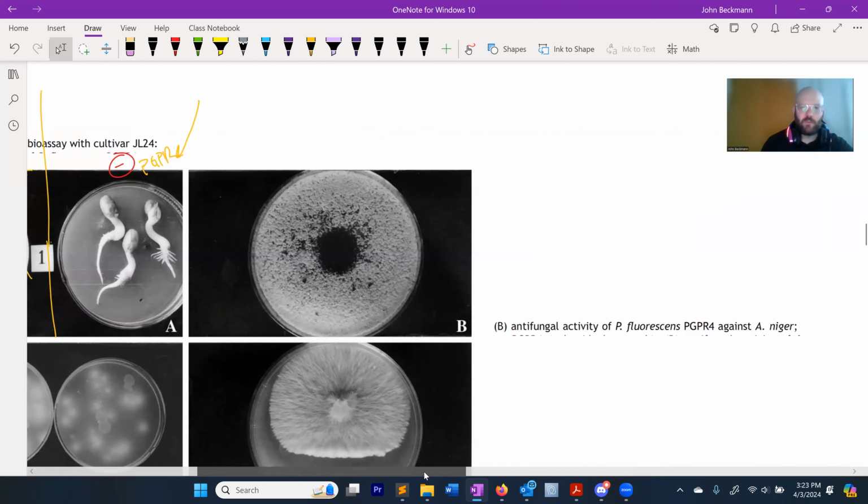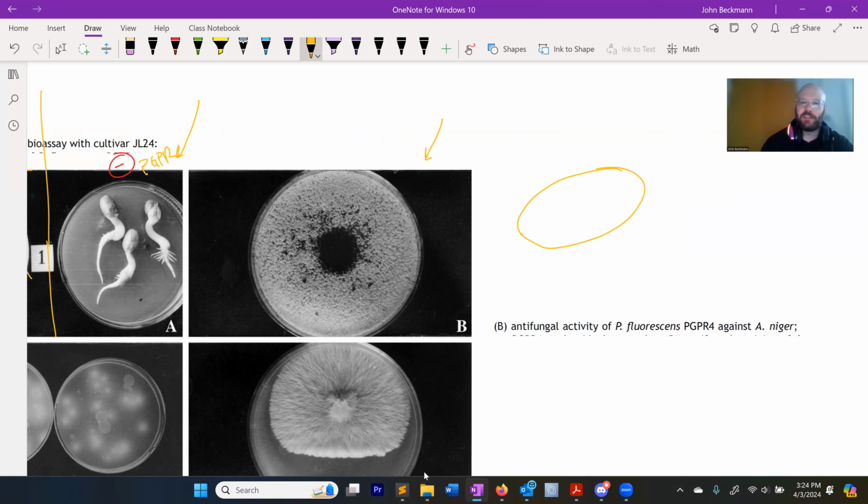Okay, what's happening in B? What kind of experiment is this? It's that type of experiment, although I cannot tell. Some of this is hard for me to read, but you're exactly right that the type of assay is they construct it like a plate.